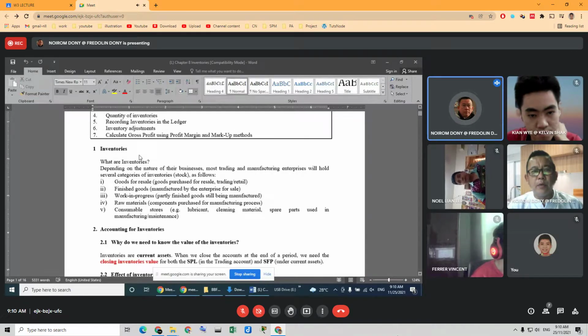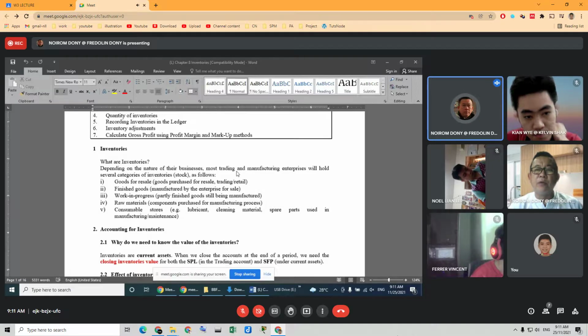Now, what is inventory? This all depends on the nature of the business. Most trading and manufacturing enterprises will hold several categories of inventory as follows. Trading enterprises, meaning they buy and they sell.